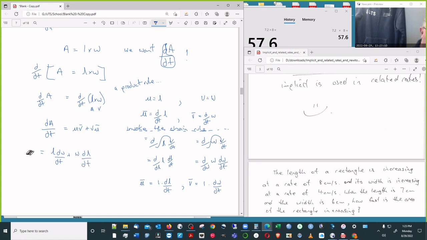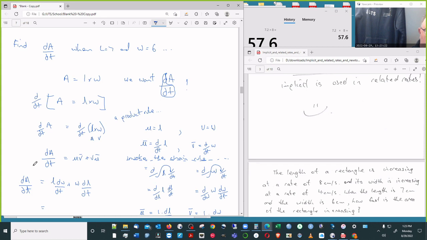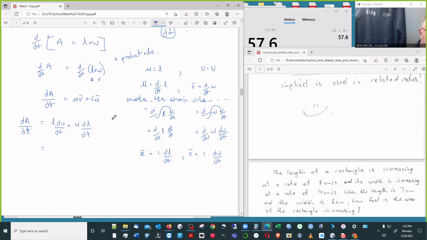And all of a sudden we have a rate that makes perfect sense. Now the length that we were interested in was 7. The width we were interested in was 6. 7 and 6.